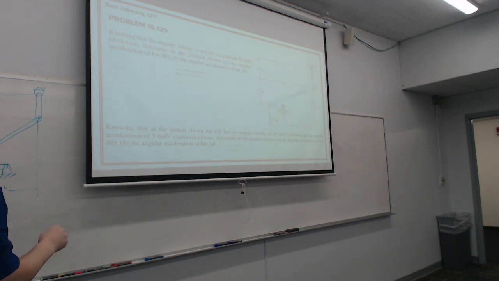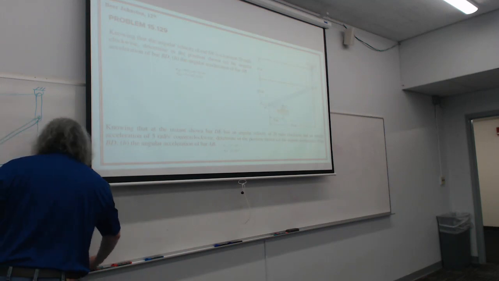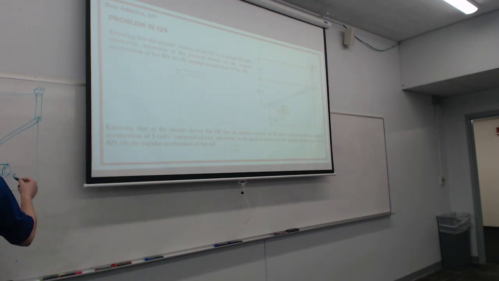And the length DE is going clockwise at 20 radians per second. I didn't put the letters on here.